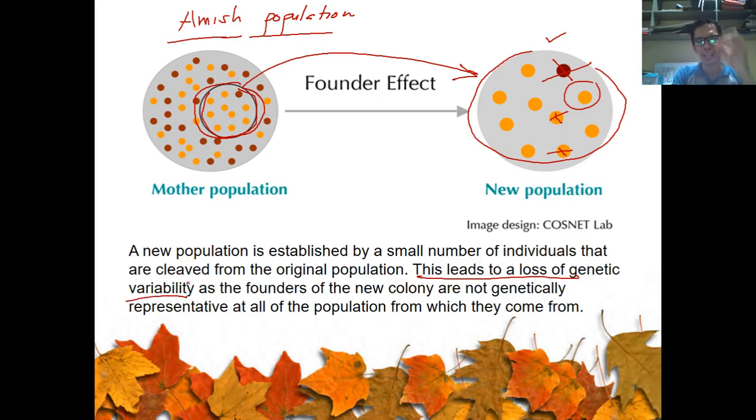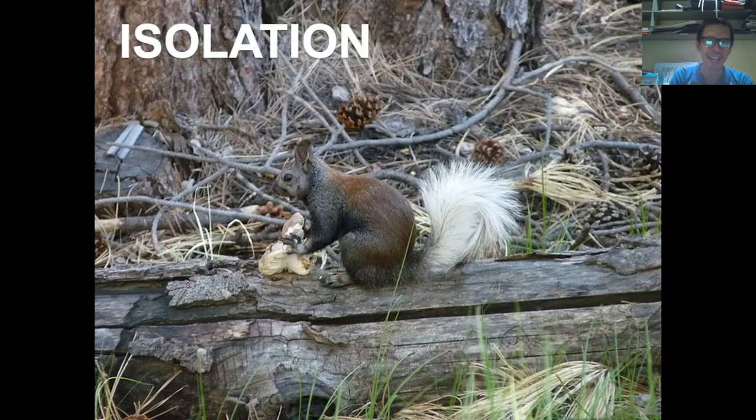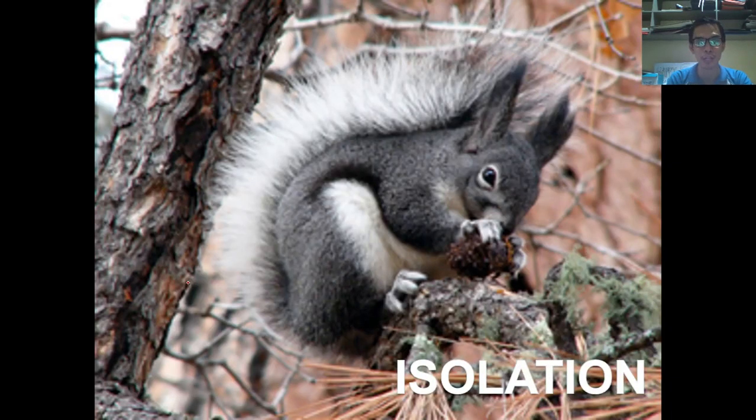Alright, so as you can see, founder effect and bottleneck effect are different from each other. One example of a process in genetic drift is what they call isolation.